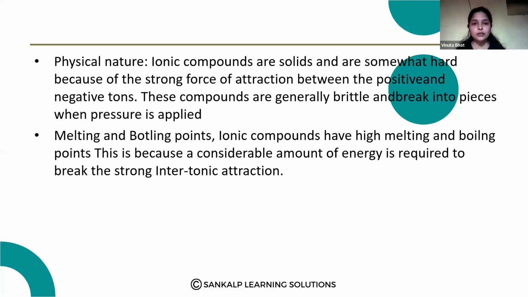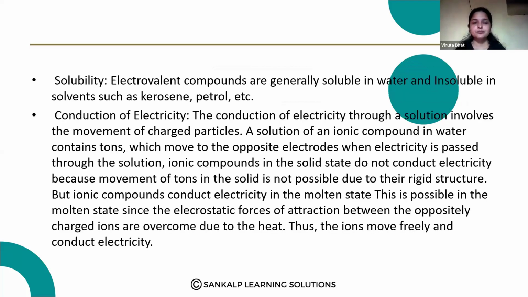Melting and boiling points: ionic compounds have high melting and boiling points. This is because a considerable amount of energy is required to break the strong interionic attraction. Solubility: electrovalent compounds are generally soluble in water and insoluble in solvents such as kerosene and petrol.